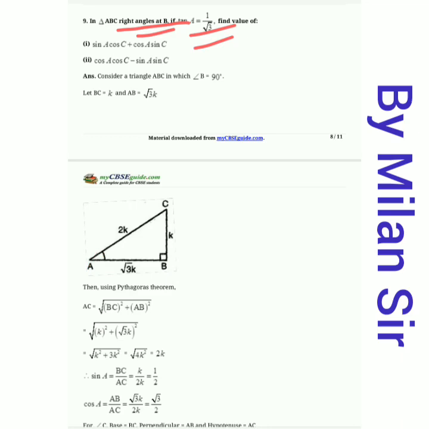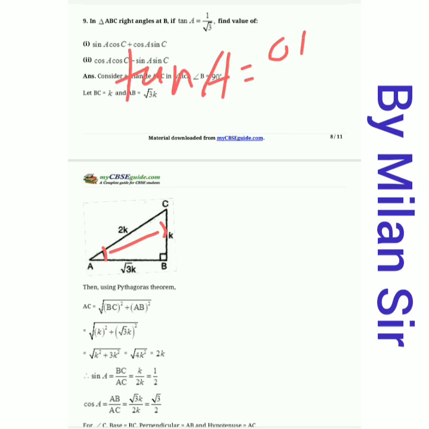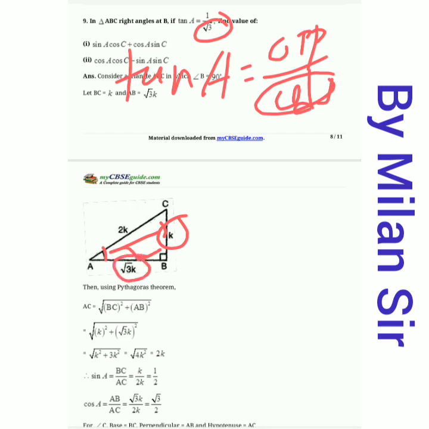Then take A as your reference angle, opposite side is the numerator of tan A, because tan A is equal to opposite upon adjacent. So numerator 1, so 1 is your opposite side, so 1k, and denominator is the adjacent side, AB, so AB is equal to under root 3k.